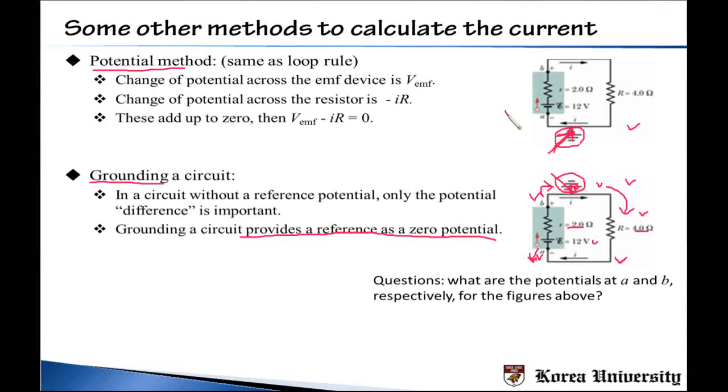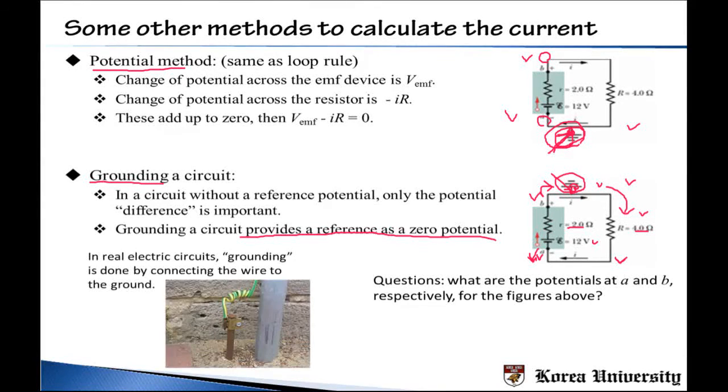Okay, and then how about in the upper figure? Now the electric potential is 0 here, so therefore it's 0 at A, but then at B, how is it? The potential difference will still be the same, so therefore now at B in this figure, electric potential will be plus 8 volt.